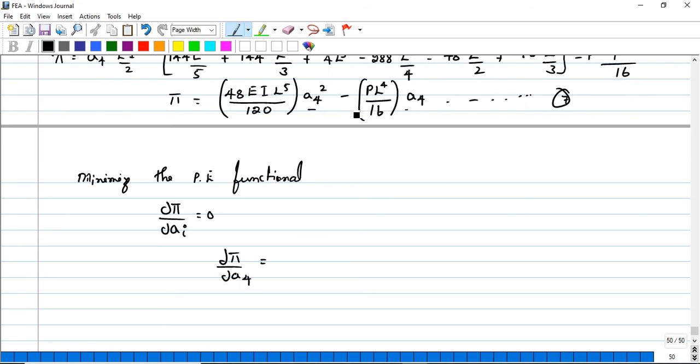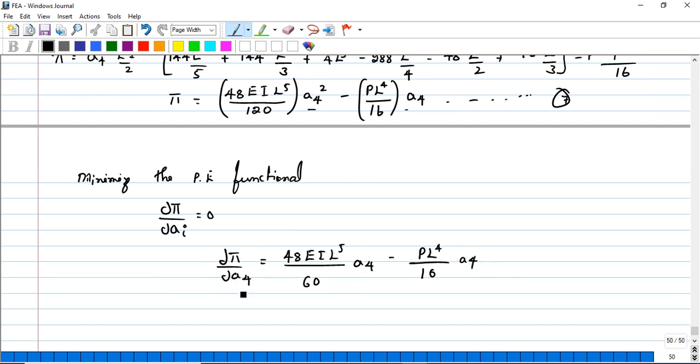So the final equation that I will be getting is, let me write down, 48 EI L raised to 5. So 2A4, what will happen? This will become 60 into A4 minus PL to the power of 4 by 16 A4.